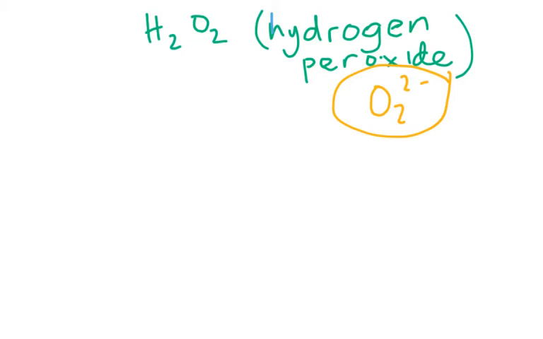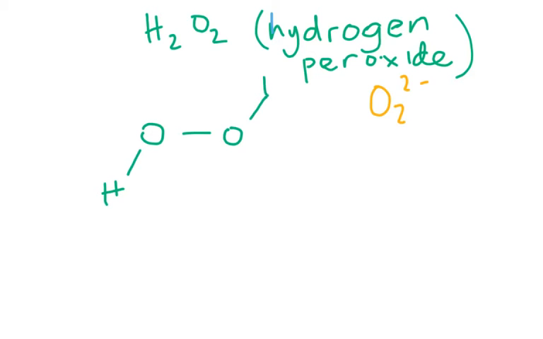You won't see this very often, but sometimes it happens. So let's draw H2O2. You're going to have an O there, an H there, and an O there, and an H there. So everything has the number of bonds that it typically wants, and this will have 2 lone pairs and 2 lone pairs. And I think this will be the Lewis structure.